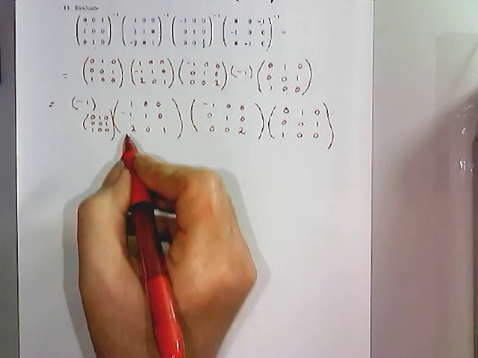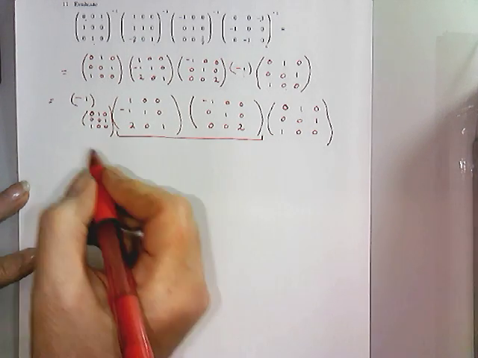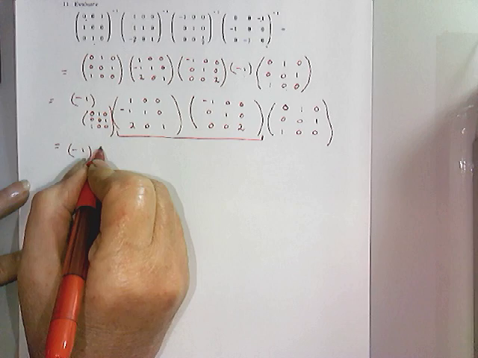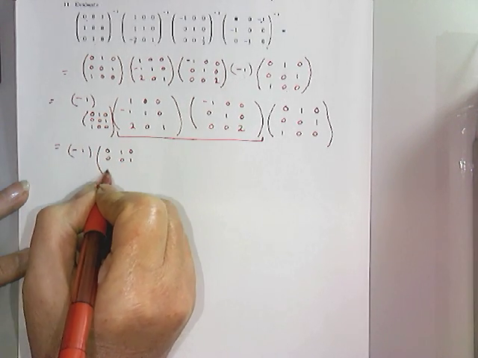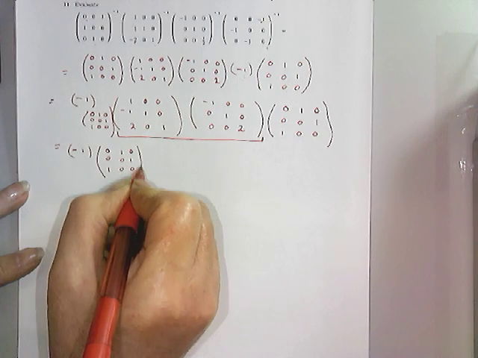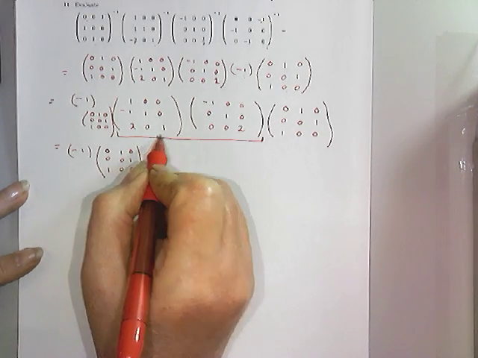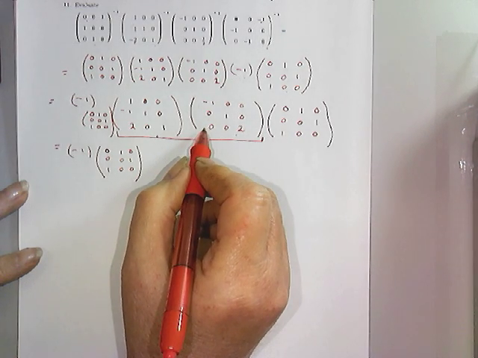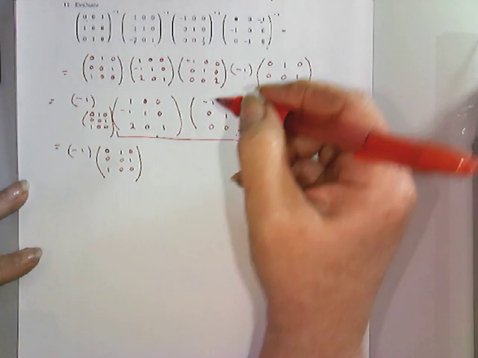So let's do this multiplication first. And I end up with -1 times 0, 1, 0, 0, 0, 1, 1, 0, 0, times, let's see, I have this Gauss transform times this diagonal. Now what does multiplication by a diagonal matrix on the right do?